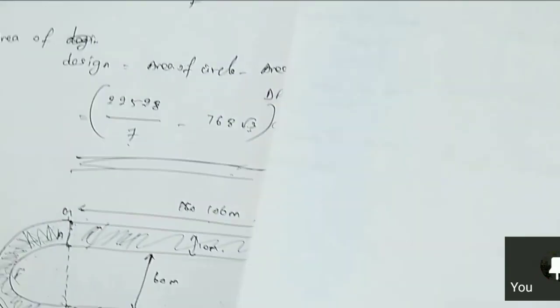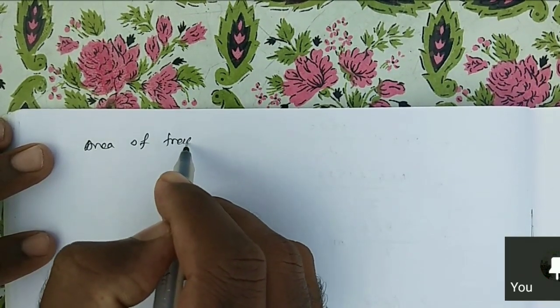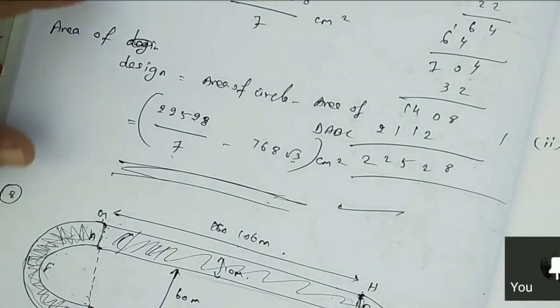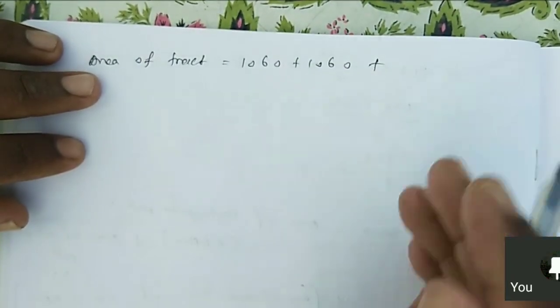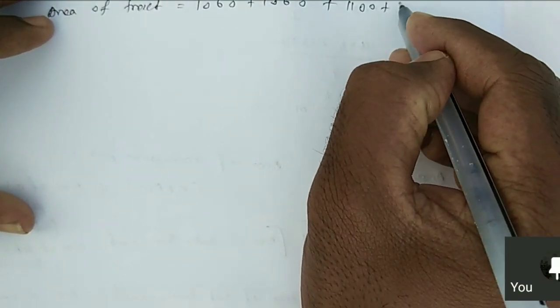Now area of a track is equal to the area of a rectangle, 1060, plus 1060, plus area of a circle, 1100 plus 1100.